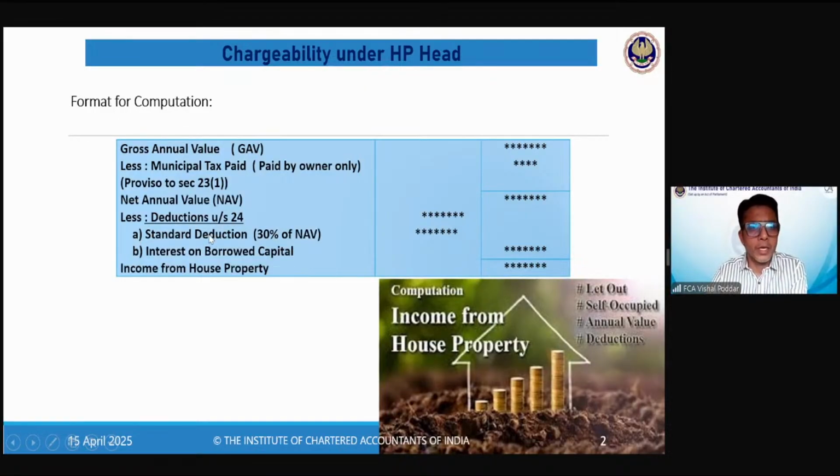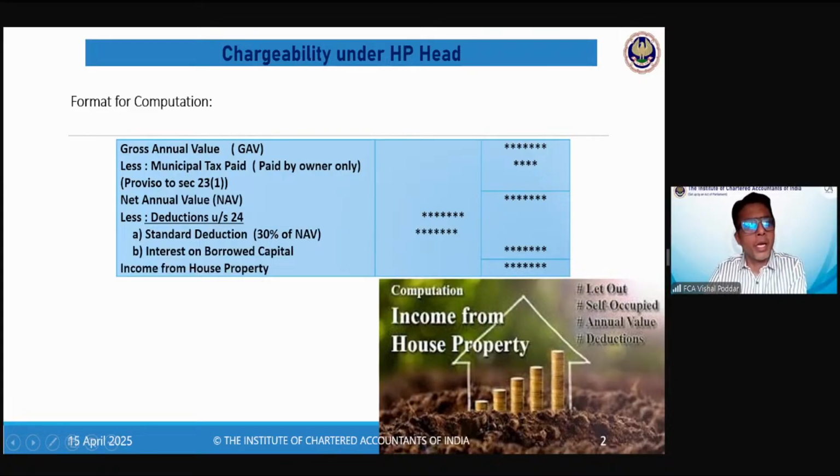First is clause A, the standard deduction, which is 30% of NAV, and the other is interest on borrowed capital. Now you have to remember, students, that when you are talking about the HP head in a given sum, you may not be given all the details relating to this computation format.